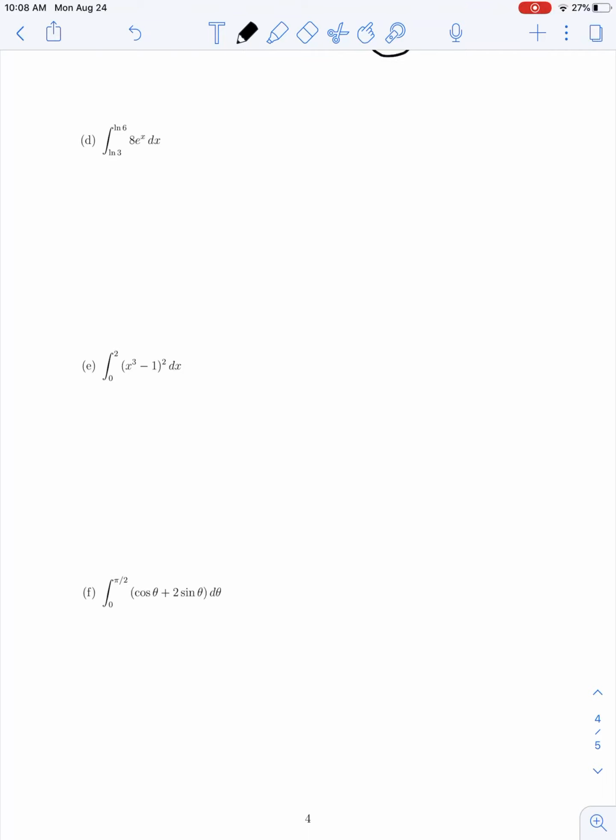In part D, we have the definite integral from log 3 to log 6 of 8e to the x dx. So recall for exponential functions, in particular e to the x is its own antiderivative. And the constant 8 we can pull out in front of our integral.